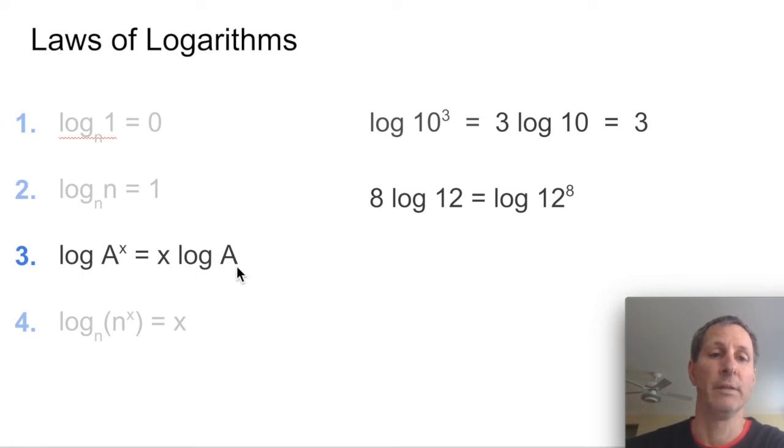Now the third law: log a to the x is equal to x log a. In other words, we can take that exponent and bump it out in front of the log if we want. So this is a pretty cool law, and it's really handy sometimes when you're solving logarithmic equations. So log of 10 to the third power is equal to 3 times log 10. And since log 10 is 1, that's equal to 3.